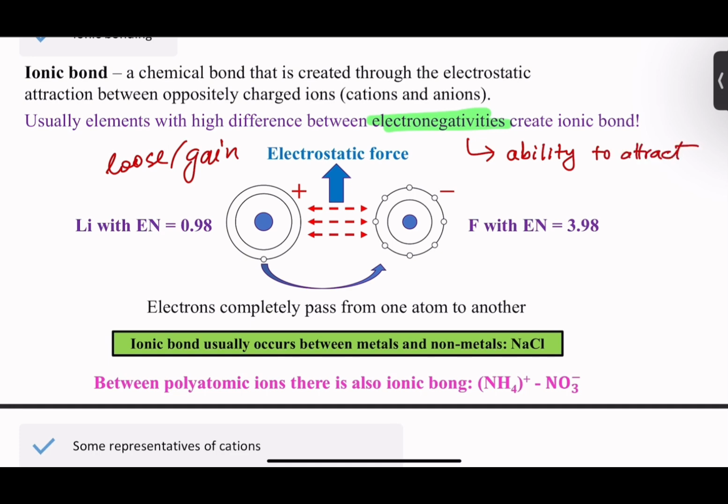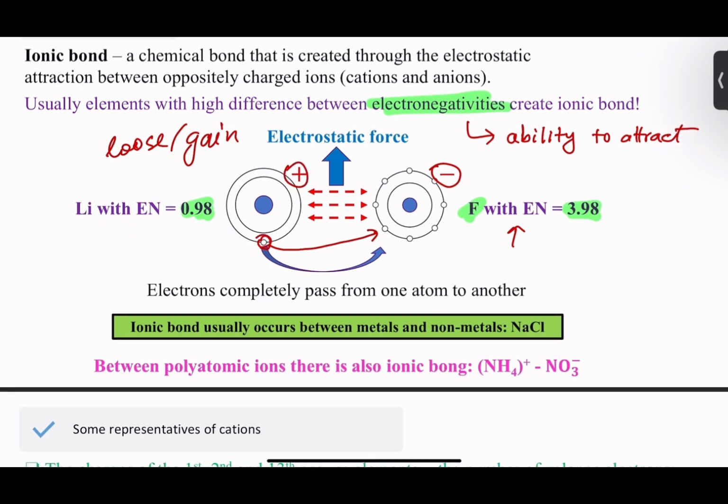When you have a high electronegativity, such as fluorine here with an electronegativity of 3.98, and lithium here with 0.98, fluorine has the higher electronegativity, so fluorine will take this electron and make itself negative, and lithium will lose that electron and become positive. Low electronegativity loses, and higher electronegativity gains the electron.